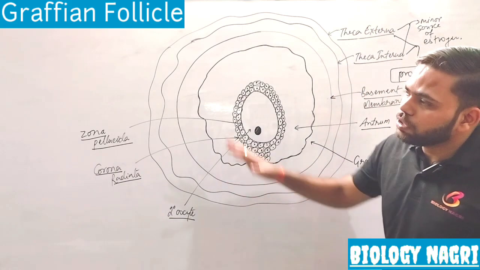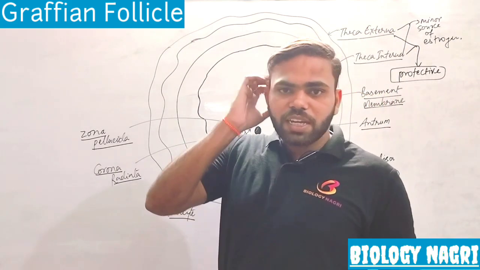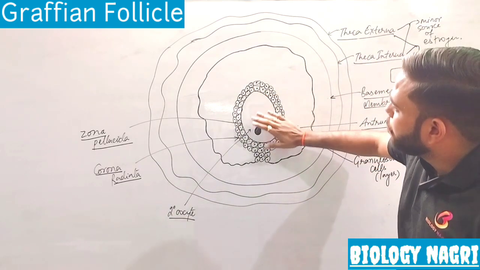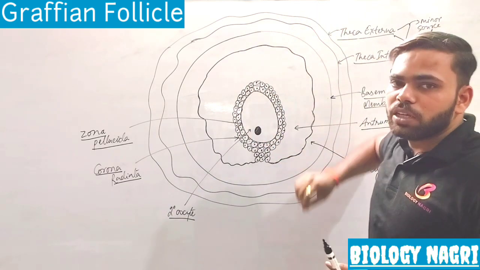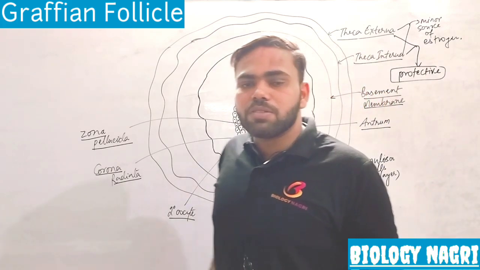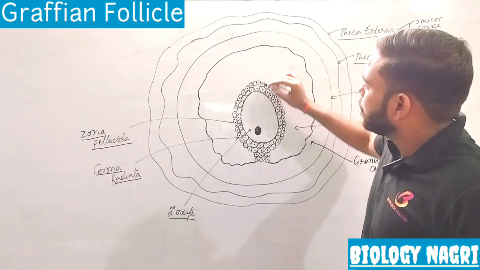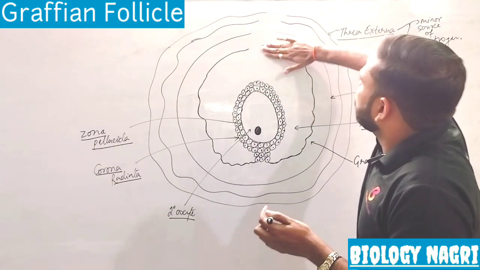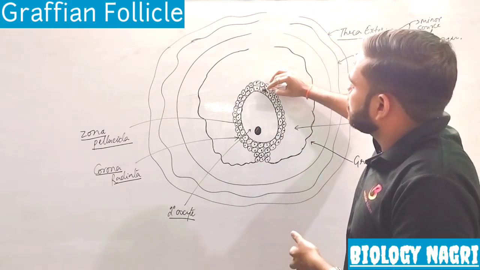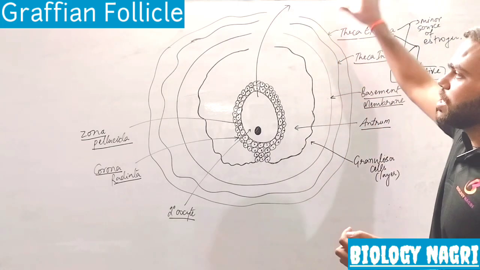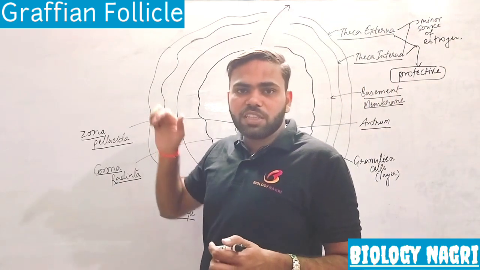As soon as there is the influence of luteinizing hormone, the secondary oocyte will burst out during the LH surge on the 14th day of the menstrual cycle. The secondary oocyte bursts out of the Graafian follicle into the fallopian tube, reaching the ampulla.